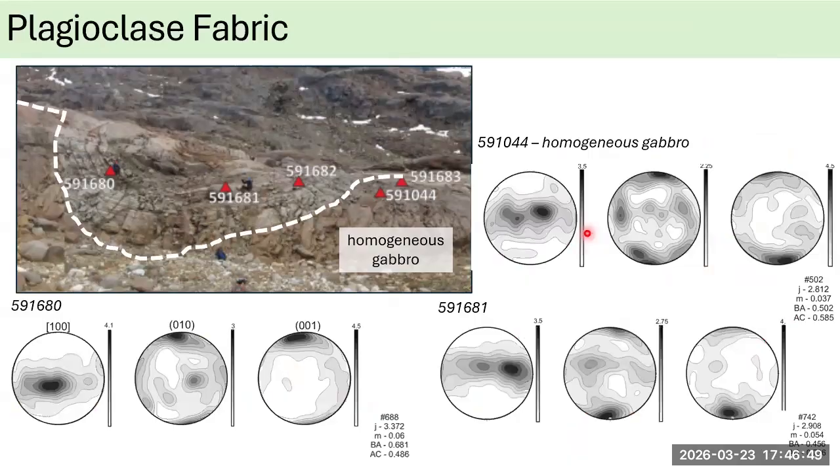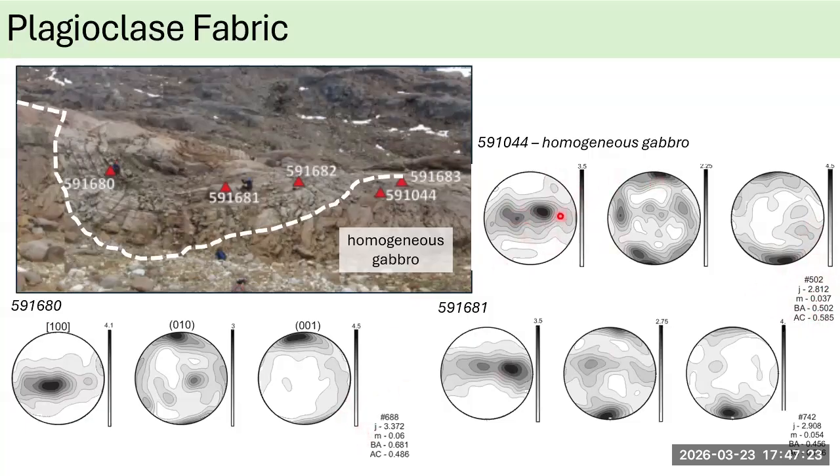But if we look at the pole figures, these are three main axes and planes. This is the 1, 0, 0 axis, these three. And these are poles to planes 0, 1, 0 and 0, 0, 1, sorry. What is interesting is that even in a homogeneous gabbro, though it's a much weaker fabric, we have different indices to show that.